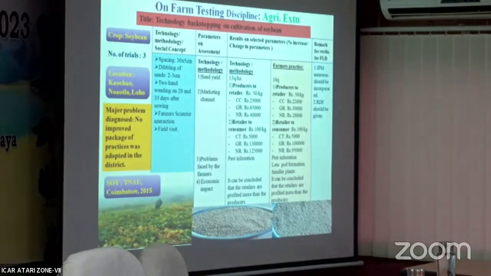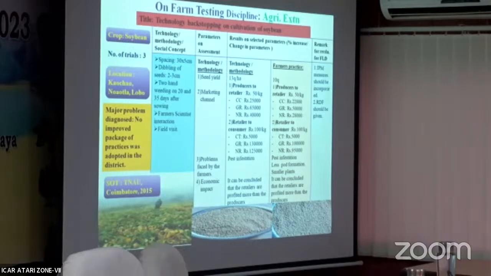The next OFT is on technology backstopping on cultivation of soybean. So here, the marketing channel, the producers to retailer, it costs 50 rupees per kg.